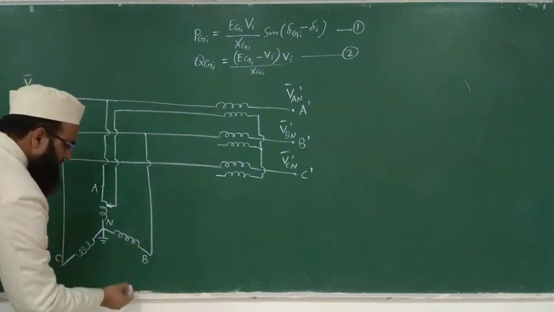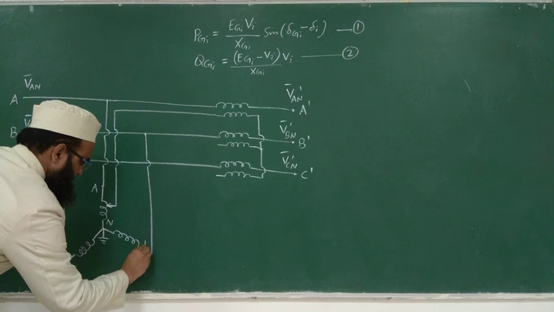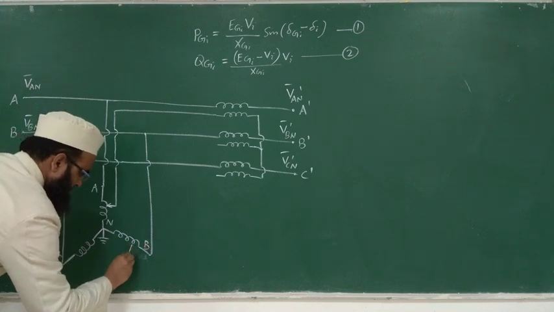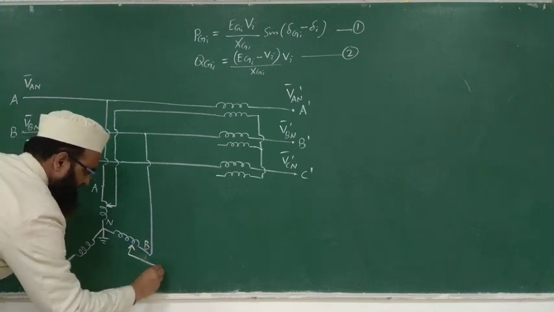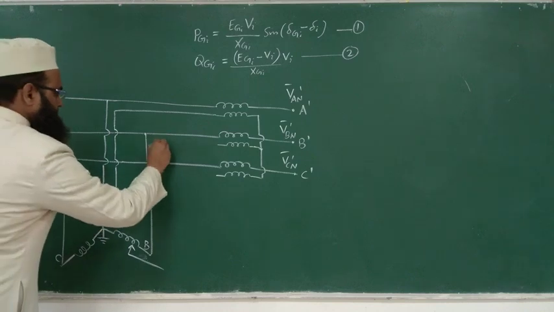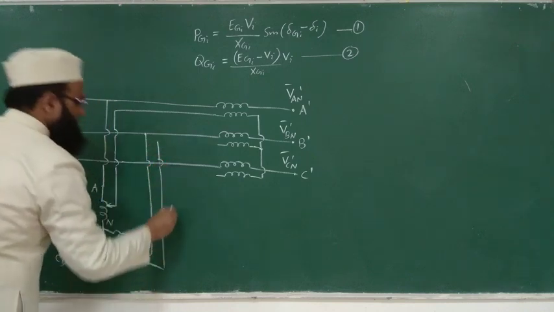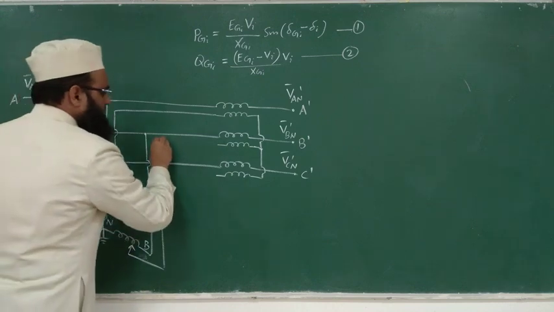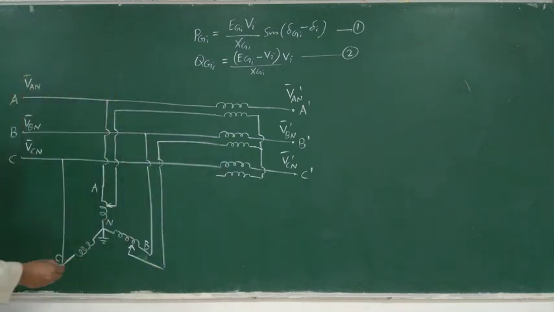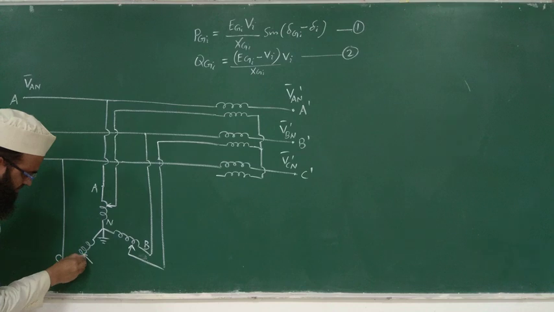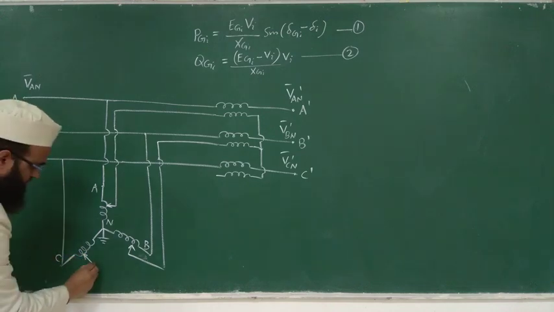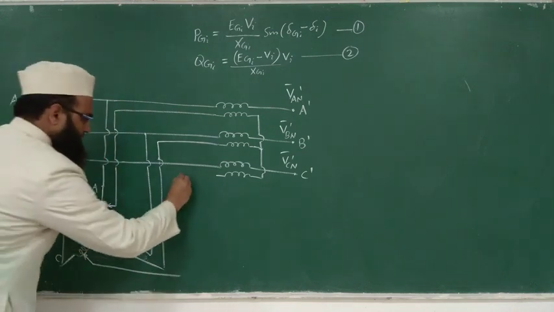Here we have B. Okay, right here, B here, and take this as B. First draw it, then we will discuss. This is C, so connect this with C.